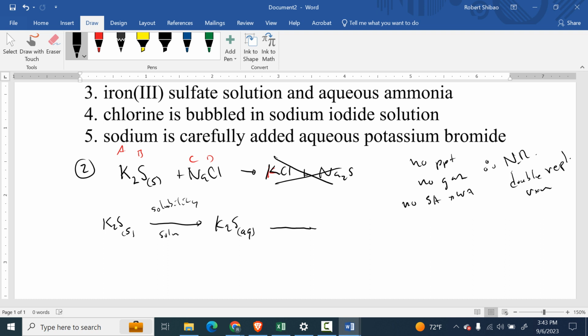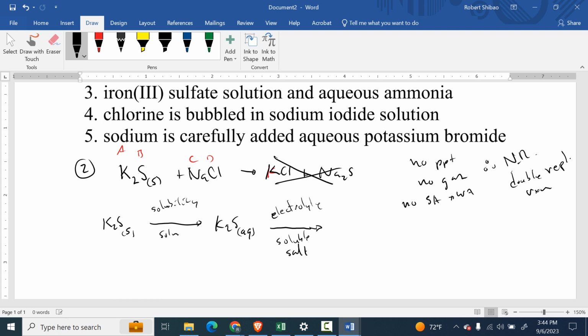When I have potassium sulfide aqueous, the next thing I look at are electrolyte properties. Should I split it up, i.e. ionize it, or just leave it alone? Well, I ionize the strong electrolytes. The strong electrolytes are the strong acids, strong bases, or soluble salts. Potassium sulfide, is that a strong acid, strong base, or soluble salt? Well, for sure it's a soluble salt.